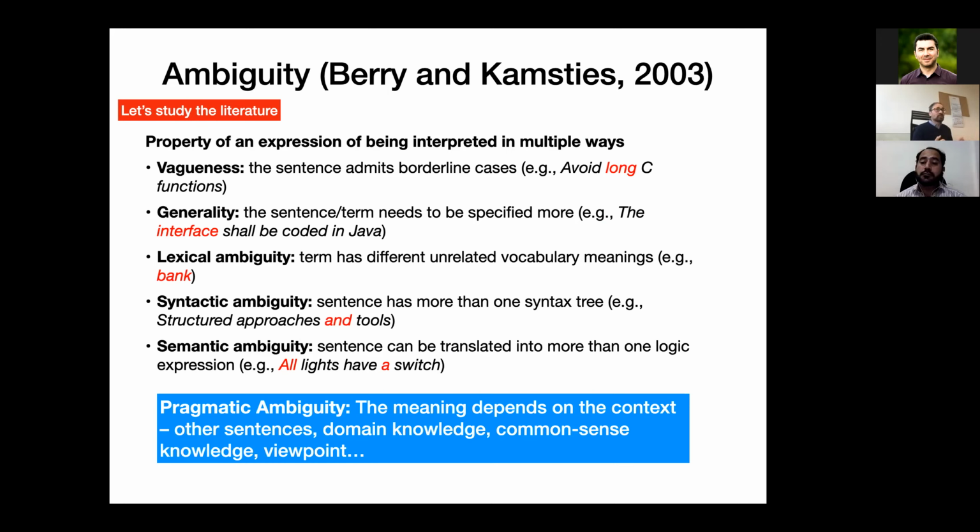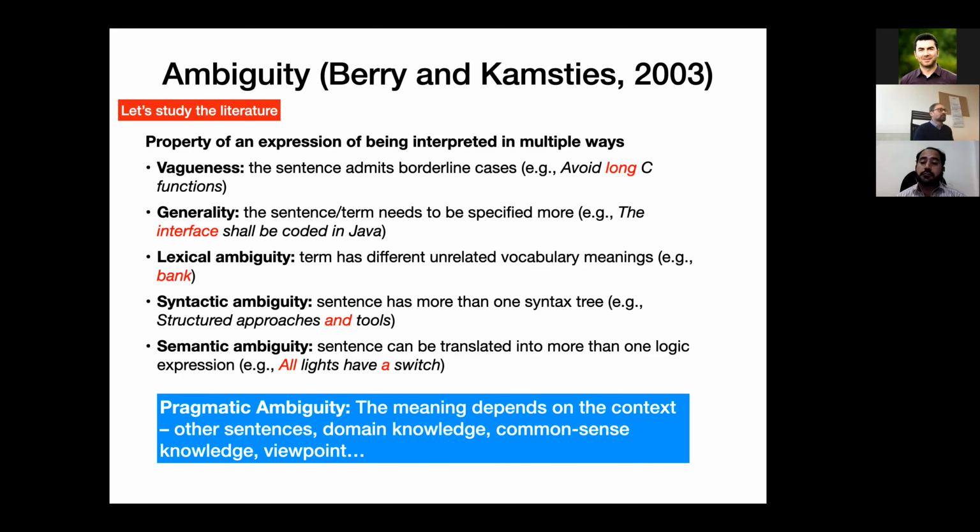In the literature, an ambiguity is a property of an expression of being interpreted in multiple ways. And there are several classes. I'm not going through all the classes here, but an example of a class is vagueness. For example, avoid long C functions. If you don't put a specific numerical constraint, you don't know what is long in this context.